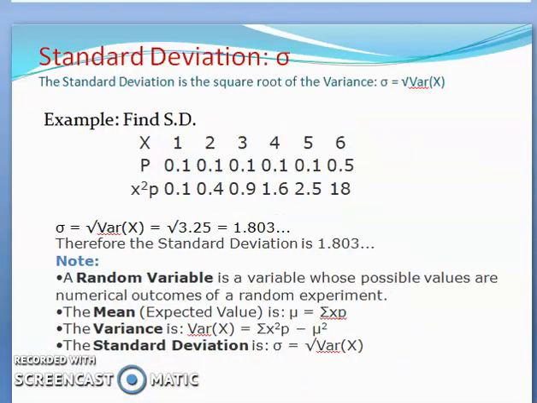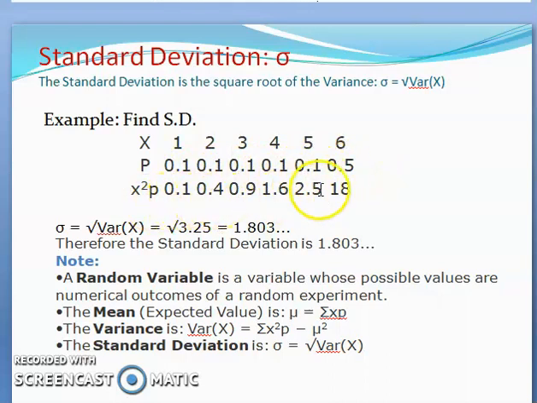Then, standard deviation equals the square root of variance. Again I repeat the formula: standard deviation equals the square root of variance. Example: find the standard deviation of the previous data, where the value of x is 1 to 6 and the respective probabilities are 0.1, 0.1, 0.1 and the last one is 0.5.